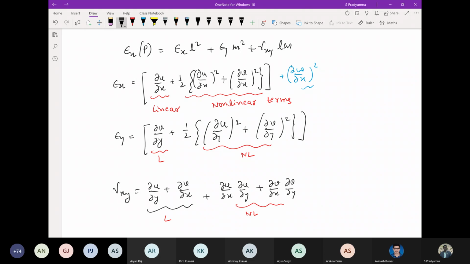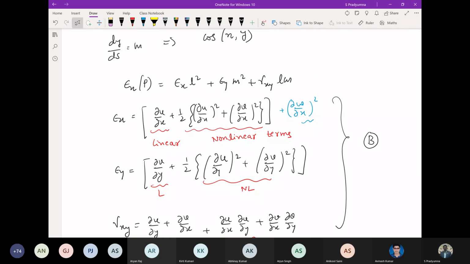So we call this expression equation P. Fine. Now, what is this expression? This is what we call a transformation of strain, right? Normal strain. We know the strain in the x-axis and the strain in the y direction.